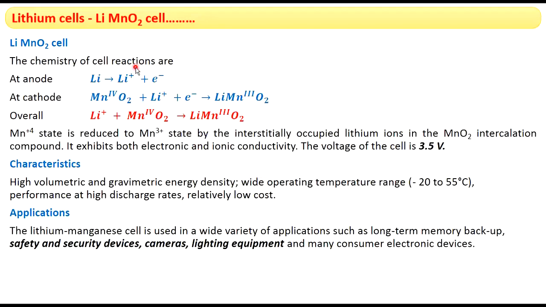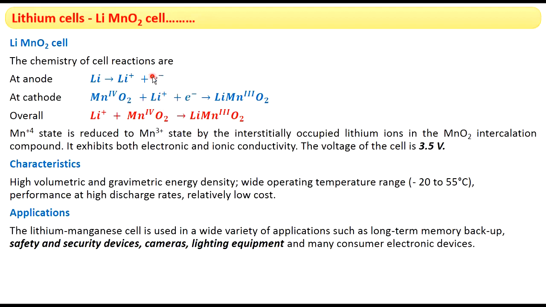Next, the cell reactions occurring here are very simple. The anode we are using here is lithium, so lithium undergoes oxidation. The reaction is Li gives rise to Li+ plus an electron. One electron will be produced at the anode. The electron will be transported to the cathode through the external load applied, and the cathode used here is MnO2, Mn(IV) oxide, manganese dioxide, which will consume Li+ ions and also electrons.